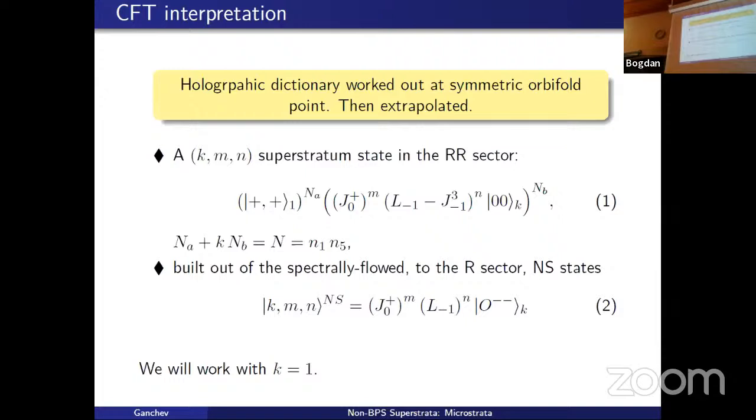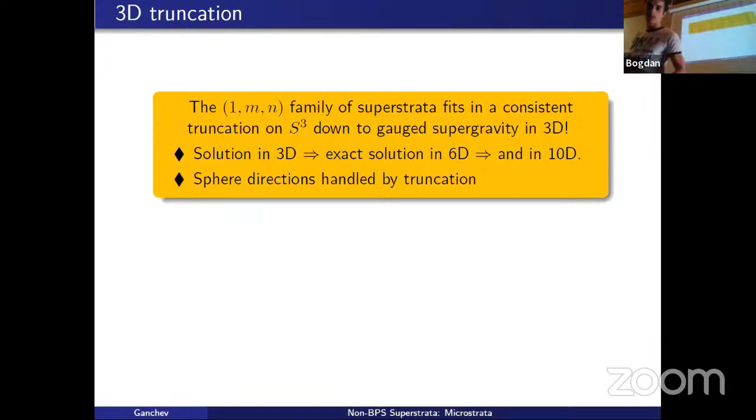In this talk, I will focus entirely on k equal to 1. The reason for this is the truncation that I will be using. In the truncation, the (1,m,n) family of superstrata fits entirely. It's a consistent truncation on S3 down to gauged supergravity in three dimensions.